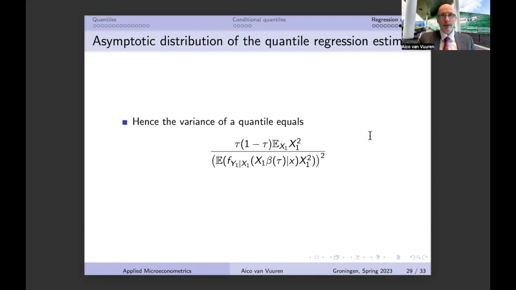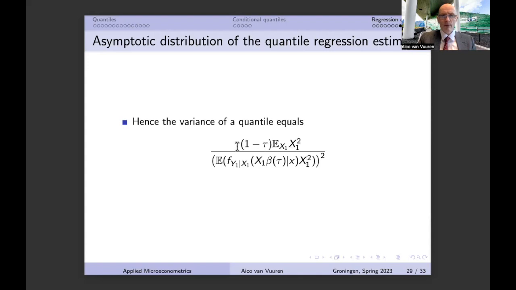That brings me to the asymptotic distribution of the quantile regression estimator. It can be shown that the square root of n multiplied by beta hat minus the true beta is normally distributed with a mean, of course, equal to 0 and a covariance matrix that can be represented by this thing that we have over here.